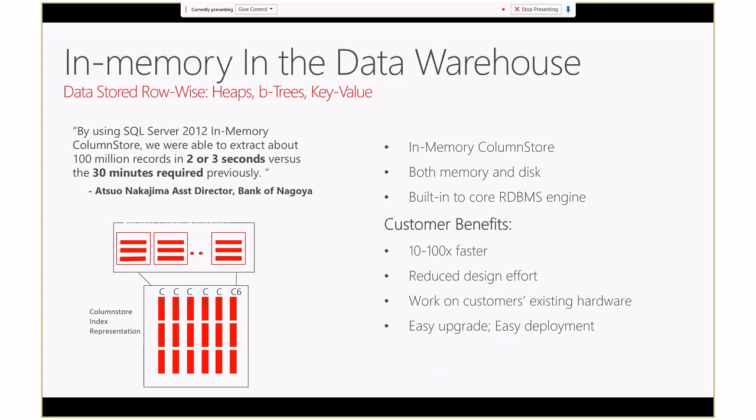That engine got transported into SQL Server 2012, and in 2014 they've added to the capabilities. What it does is it takes the data, instead of storing it row-wise, stores it column-wise. And what we're going to go through today is some of the mechanics of that, how it works, some of the gotchas, and how to get around them a little bit.